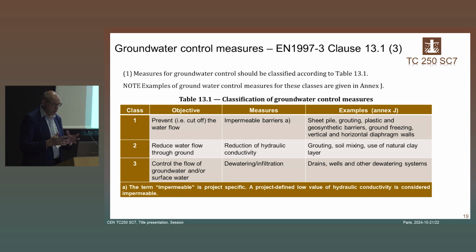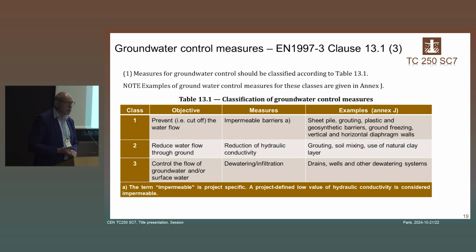So to prevent water flow, you create an impermeable barrier. And of course, in the discussion, you get immediately what is impermeable. We added a note that a project-defined low value is considered impermeable. And you can do that by sheet piling, grouting, other types of barriers, freezing, diaphragm walls.